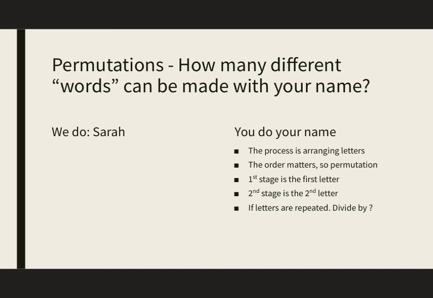And let's think about this whole process. The process that we're doing here is arranging letters. And then the next question to ask ourselves, does the order matter? In this case, well, we're creating words with our name, so yeah, the order matters, which means it's a permutation.